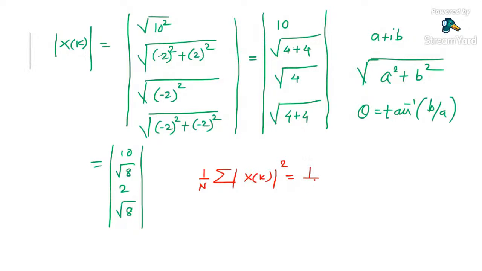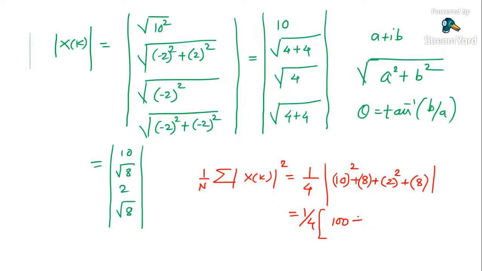So 1 by N, 1 by 4 summation X of k square, that is 10 squared is 100 plus 8 plus 2 raised to 4, that is 16, plus 8. So it is 1 by 4 into 100 plus 16 plus 4, so 1 by 4 into 120.